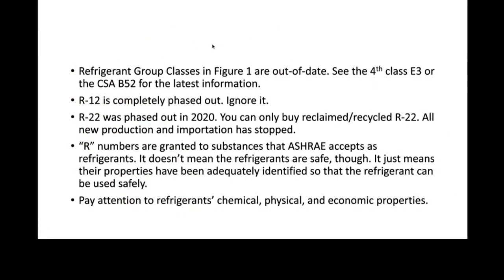So let's take a look at some of the things in the third class that need updating. First of all, this is what I was saying about the refrigerant group classes. They're properly called safety classifications or safety groupings. And these safety groups actually come from ASHRAE.